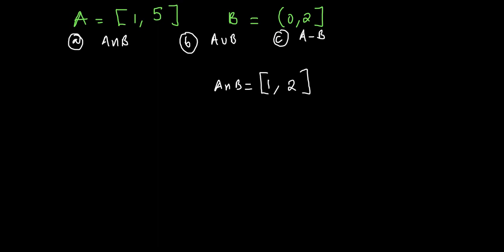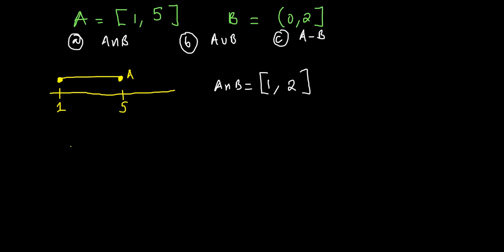So the second part of the question, we want to find A union B. So we said A is from 1 up to 5 and we shaded on 1 and on 5 because that's the way the question has been given.